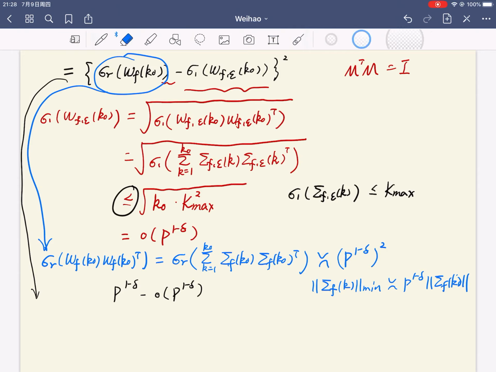Sorry. So this term is of order p power 1 minus delta, since this will go to 0.